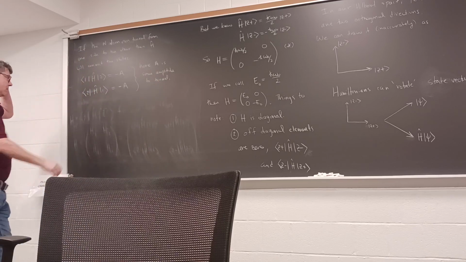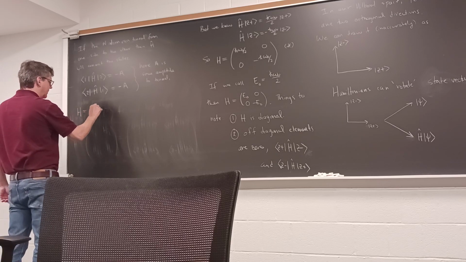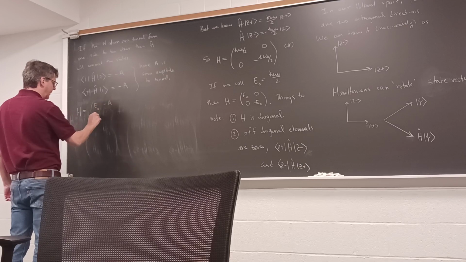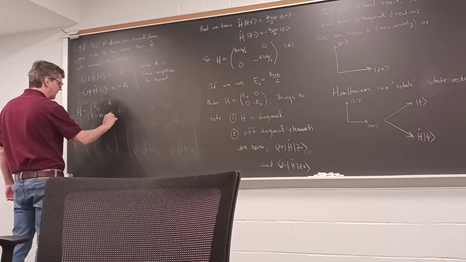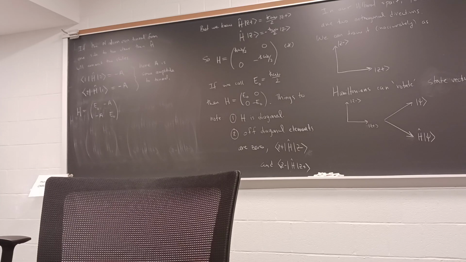It's a tunnel. So in this case, H will be E0, minus A, minus A, E0. Okay?